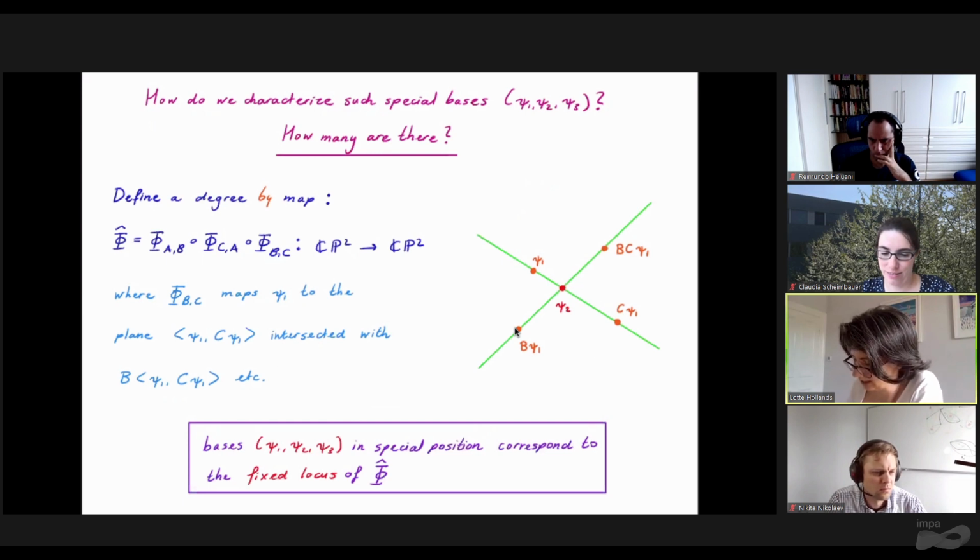What we can do is define a map phi hat from CP2 to CP2, and it's a composition of 3 maps.